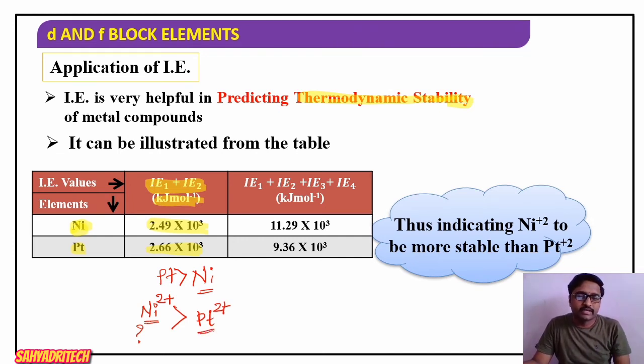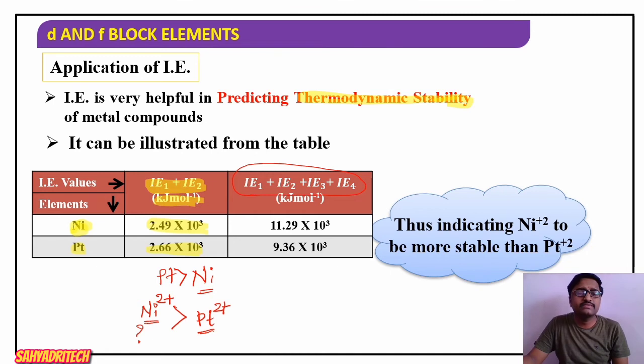Well, further, if you go for the sum of the first four ionization enthalpy values, IE1, IE2, IE3, IE4, that is the first, second, third and fourth ionization enthalpy, now look at the values.